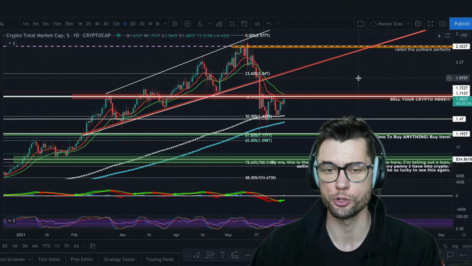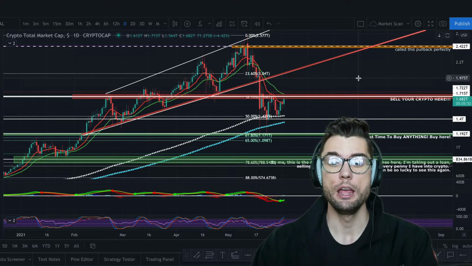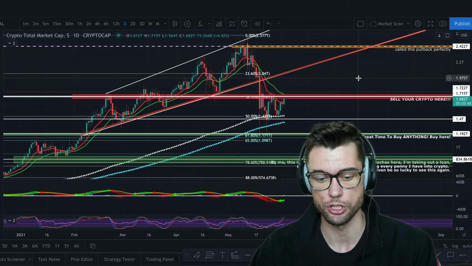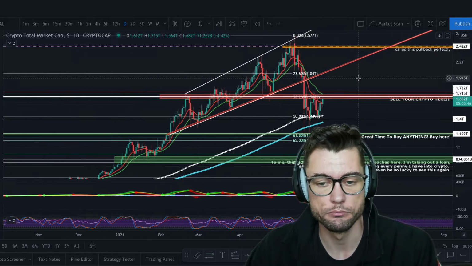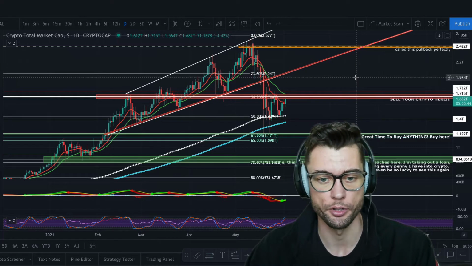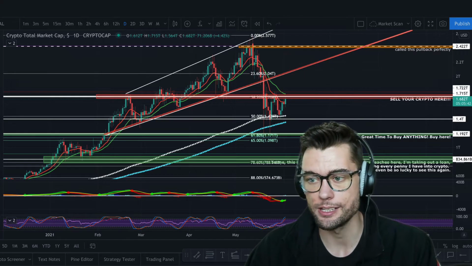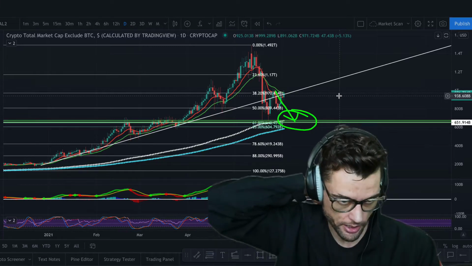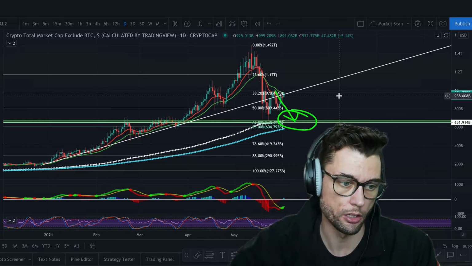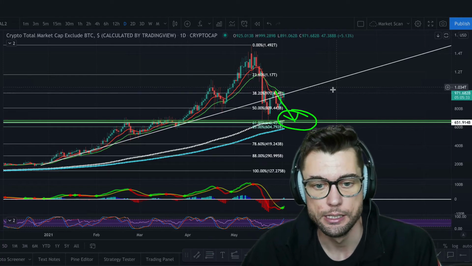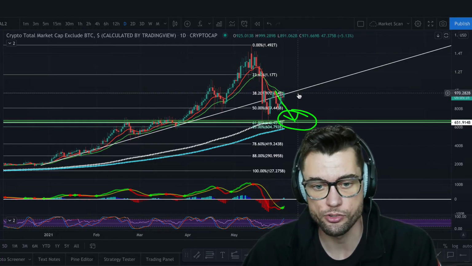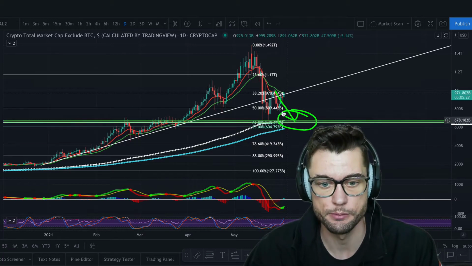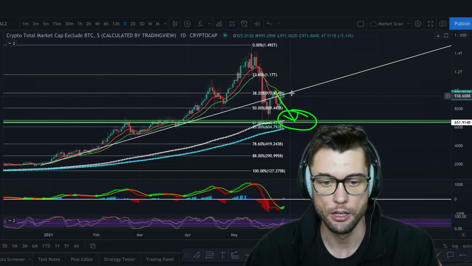So I'm looking for shorts. I'm not looking for longs. I'm not looking to go heavy into shorts because of the uncertainty, but I am more comfortable going into shorts than longs. So that's the total, and then we have the total 2, which is the market cap of all the altcoins, and this one's a little bit tricky too, because I thought we were going to come back here and retest this, but it popped back up.